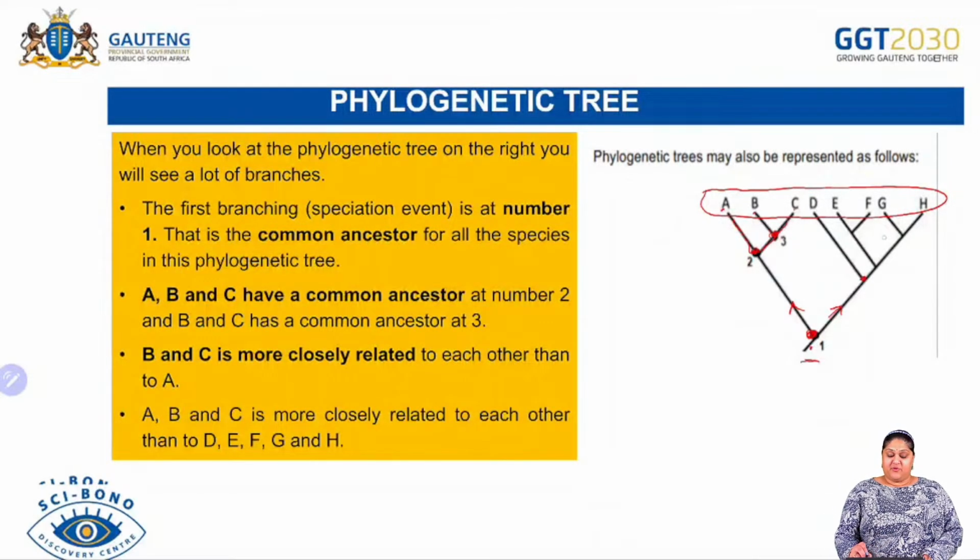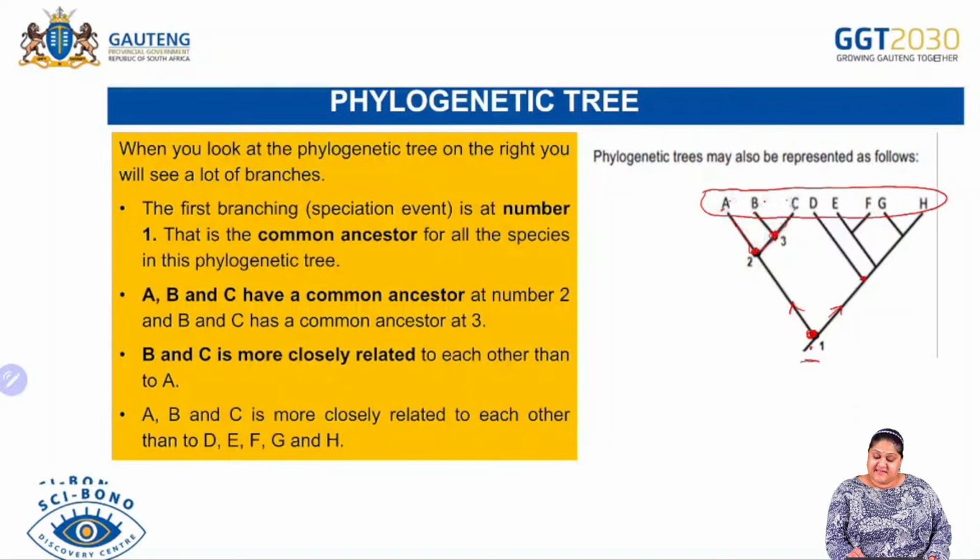But what we also need to understand here is that B and C are more closely related to each other compared to A. Because you see, 2 was the common ancestor of A, B, and C. But then there was another branch at 3 which made a new common ancestor, new characteristics developed. And that's what gave rise to B and C. So B and C are more closely related because their common ancestor comes sooner compared to A.